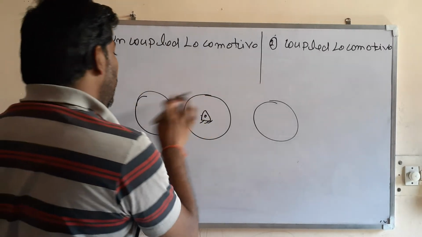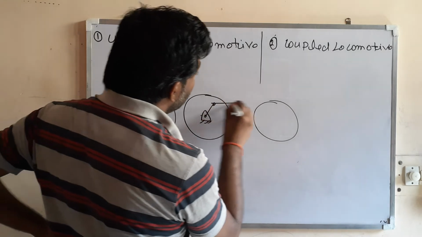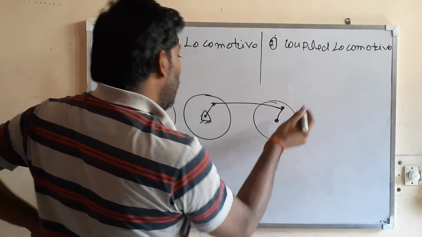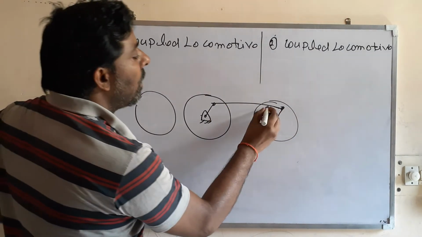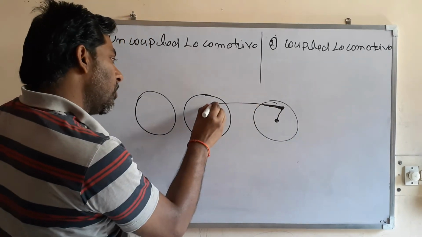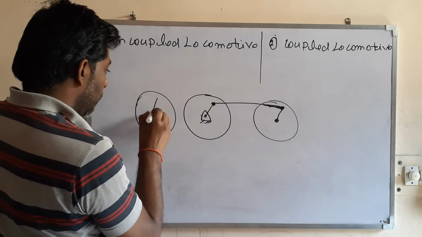This is the driving wheel and the other wheels are connected to it, getting the power by the coupling rod mechanism. So they are coupled in that way.